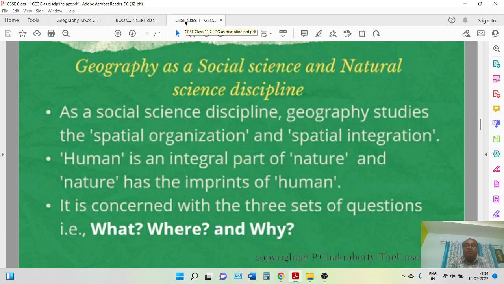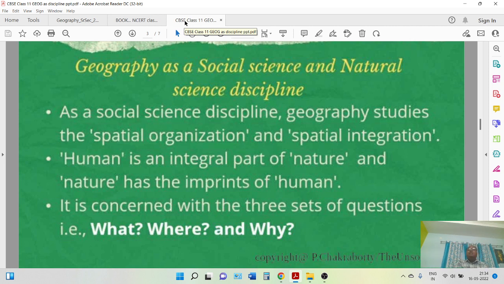So organization of space is very important, and integration of space too: which elements are important in that living space, we have to understand. For example, near a school, a DJ music station is not appropriate because it can hamper the classroom situation. A lot of sound will come and it can hamper your study. So organization as well as integration are important.